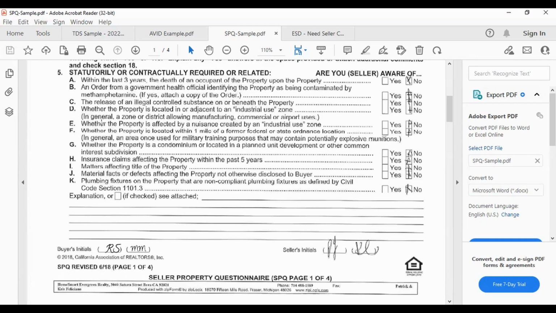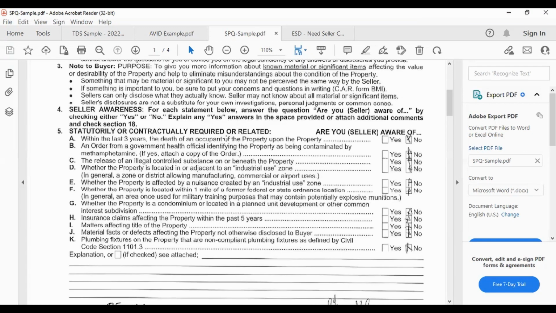So some of the other questions that ask here, like the second one, is the Breaking Bad question. Has there been an order from government health officials identifying the property as being contaminated by methamphetamine? I know some might say, well, that's ridiculous, but back during the foreclosure meltdown era, I had an agent friend whose client bought a property and they had an infant child.